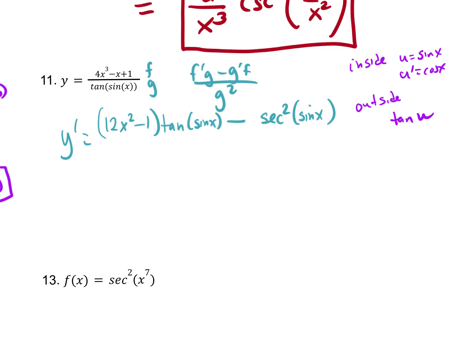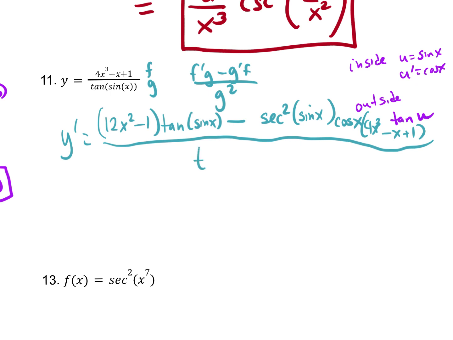But then we're multiplying it by this factor of cosine. So that's all just the derivative of g. And then it gets worse because now we have to multiply it by f, which is 4x cubed minus x plus 1, as I'm out of room. All over g squared. This is one I'm definitely not going to simplify. Tan of sine x squared.